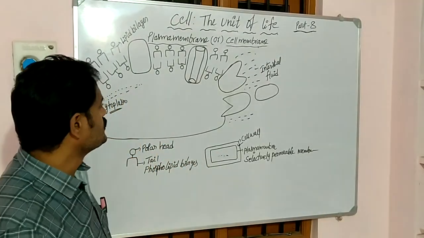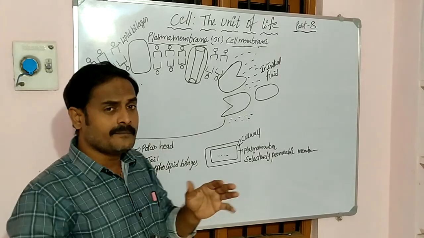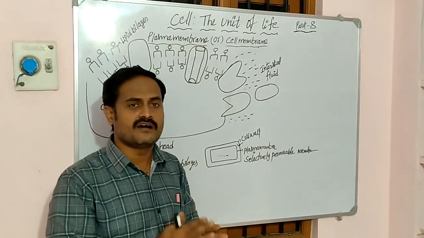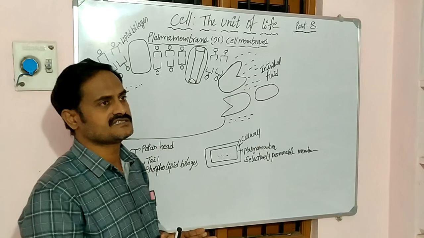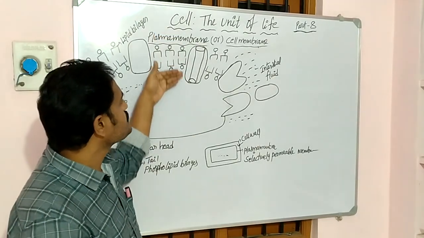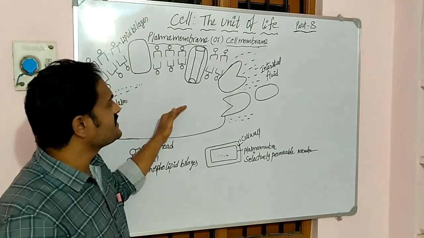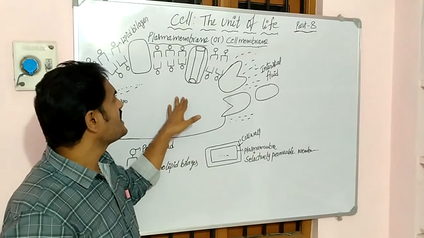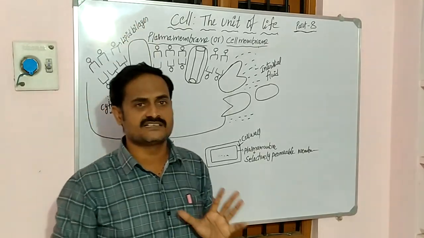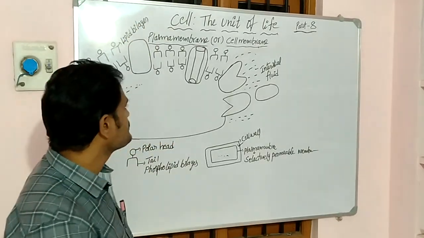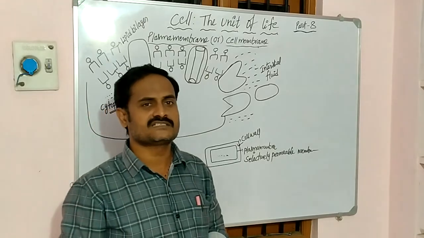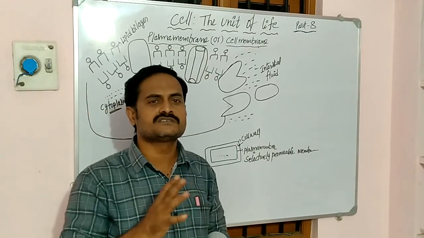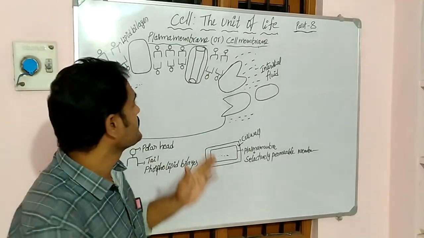Okay, coming to here, how the materials, ions or water substances are transported into the inside of the cell as well as outside of the cell. That is important. See here, some of the substances, for example oxygen and carbon dioxide.